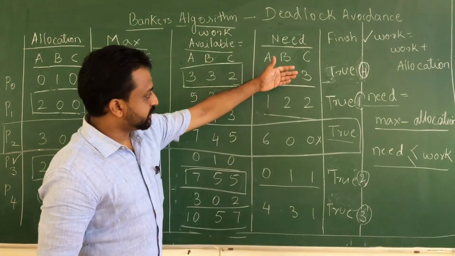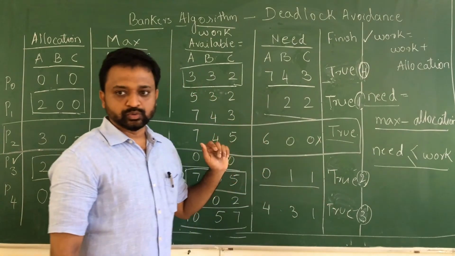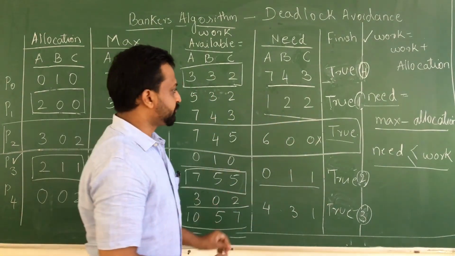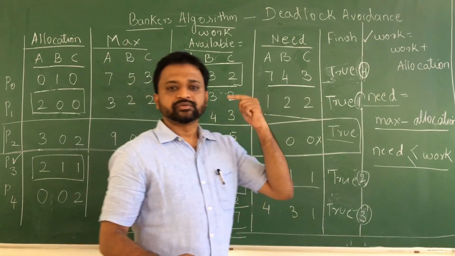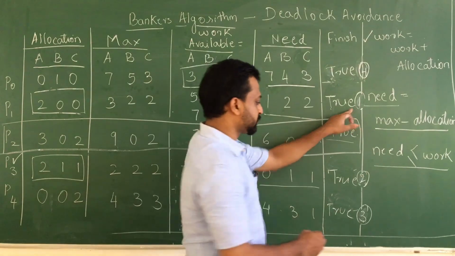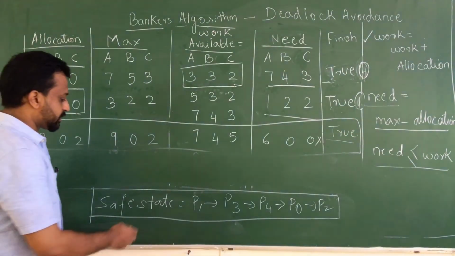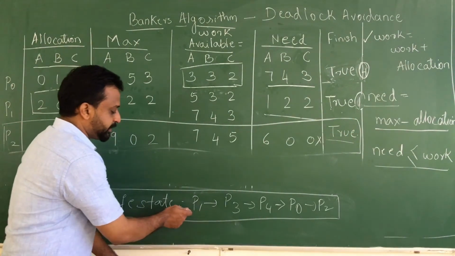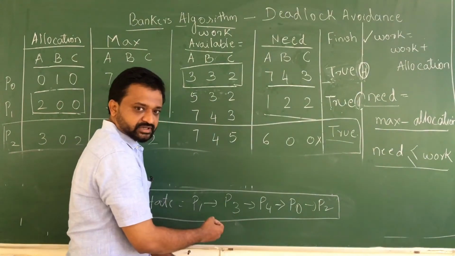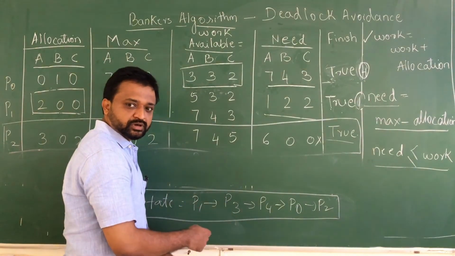Once we see that all the processes are true, we have to compute the safe state. How to compute the safe state? The process which completed first is placed first. When computing the safe state, we saw that process P1 finishes first. Then P3 finished, because P2 was requiring more need.